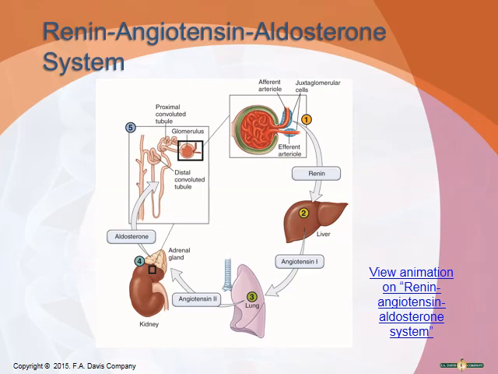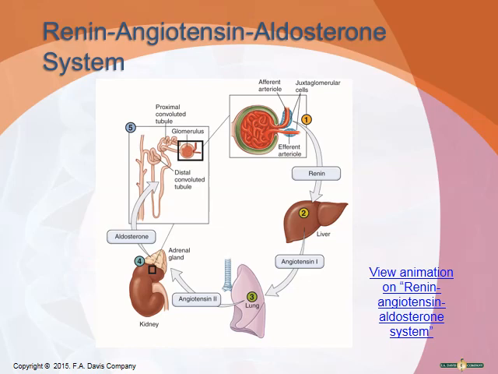So in pharm, we talked about RAA and some meds used to lower blood pressure. One of the other things that angiotensin 2 does is cause vasoconstriction, and vasoconstriction, we know, contributes to hypertension.